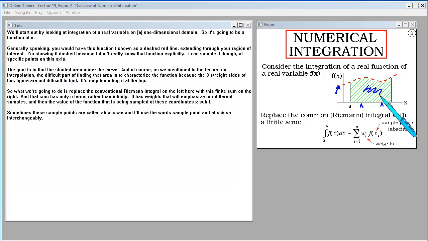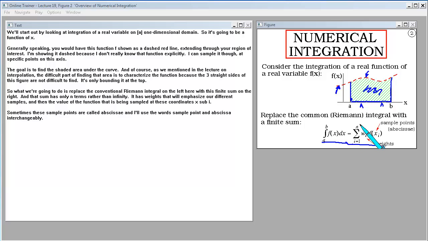And of course, as we mentioned in the lecture on interpolation, the difficult part of finding that area is to characterize the function, because the three straight sides of this figure are not difficult to find. It's only bounding it at the top. So what we're going to do is replace the conventional Riemann integral on the left here with this finite sum on the right.